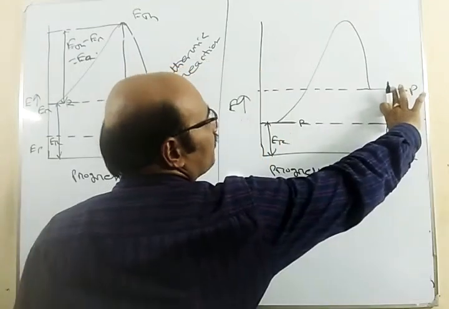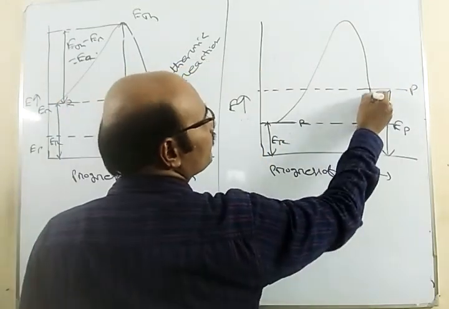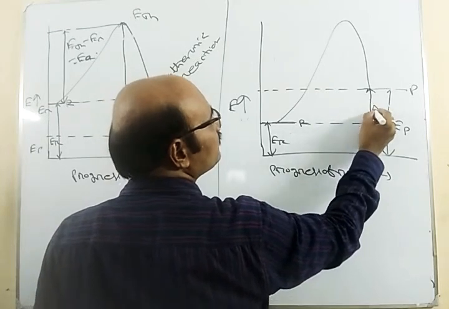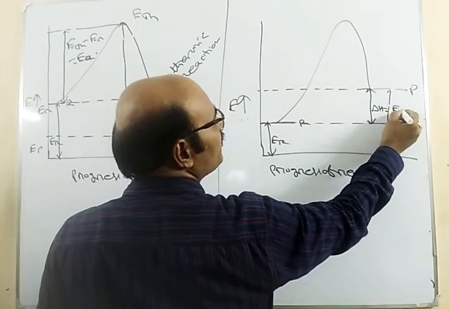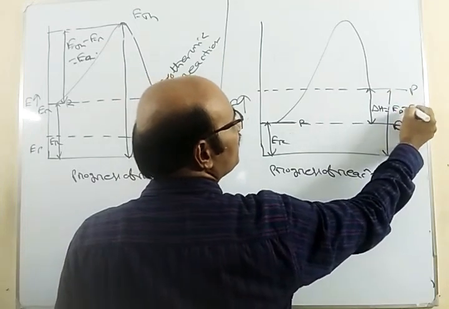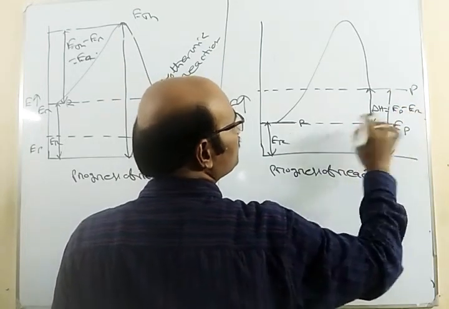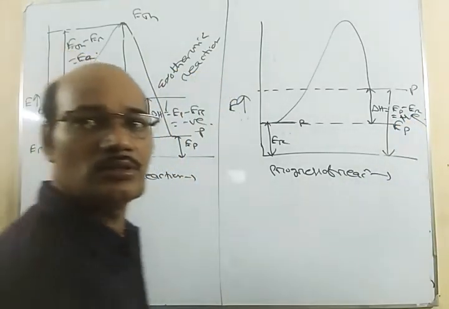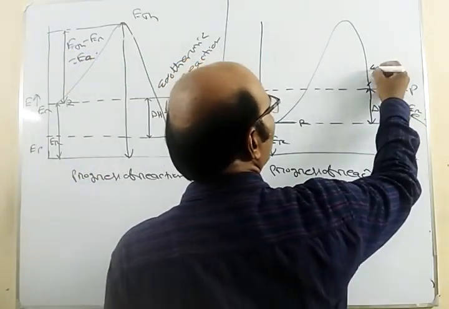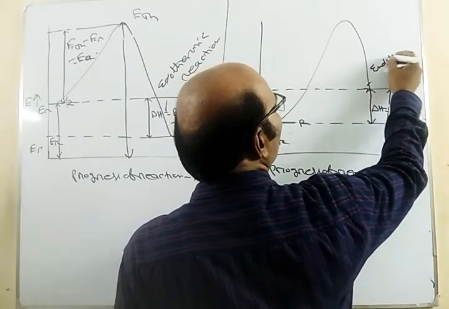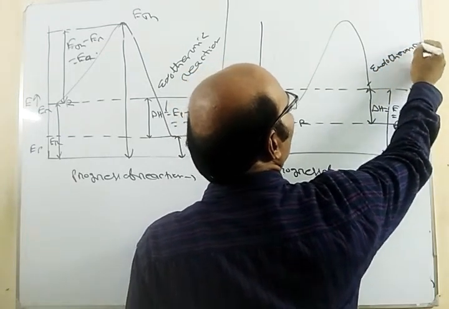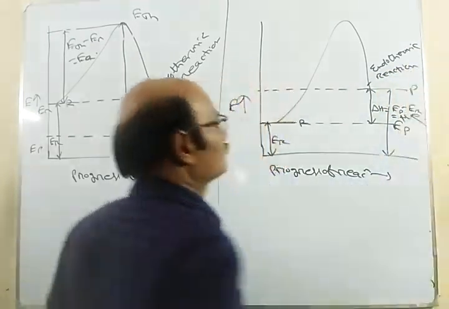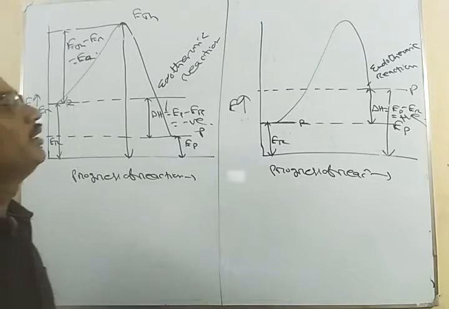EP minus ER equals what? Delta H equals EP, this much, minus ER, this much, equals positive. That is your endothermic reaction. Endothermic reaction.